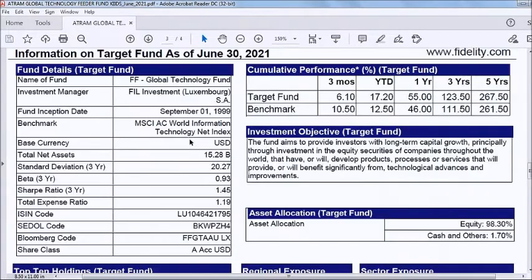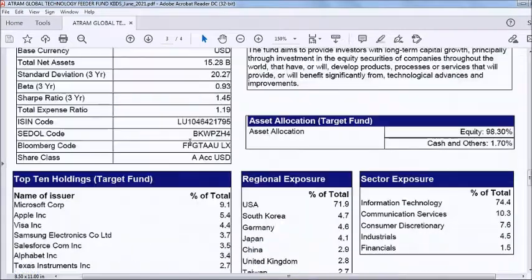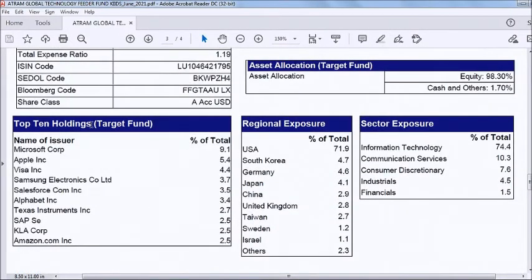So here, I think yung important that we need to talk about would be yung top 10 holdings of target fund. So name of issuer and then meron ding percent of total. Meron dyan Microsoft Corporation, Apple, Visa, Samsung Electronics, Salesforce Company, Alphabet, Texas Instrument, SAP, KLA Corporation, Amazon.com.